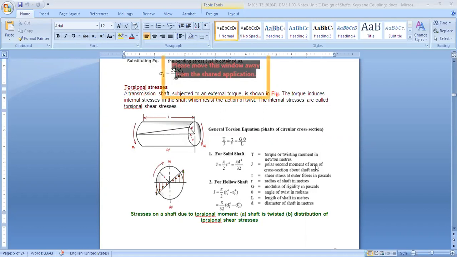Now we will use the first and third parts: T upon J is equal to G theta by L. This gives a relation between twisting moment, polar moment of inertia, modulus of rigidity, angle of twist and length. With this we can find the angle of twist, meaning how much twist we can allow the shaft.